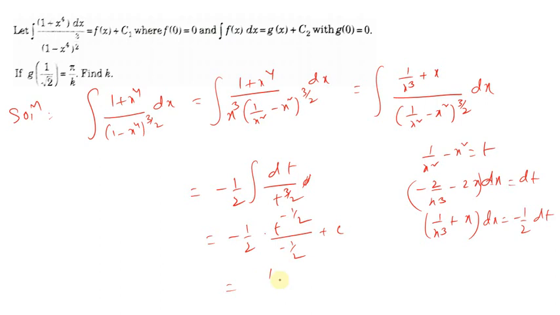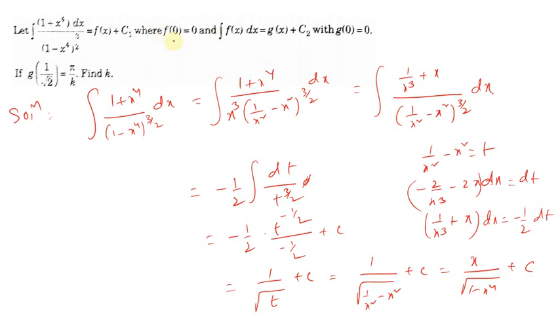So finally you are getting 1 by root t plus c. So this will be 1 by square root of (1 by x square minus x square) plus c. Otherwise you can simplify some more. By taking LCM, this will be x by square root of 1 minus x power 4 plus c.